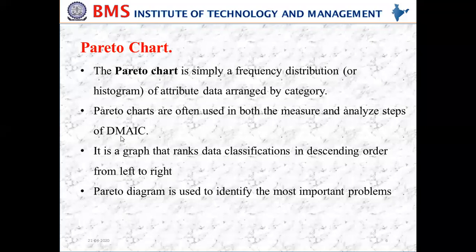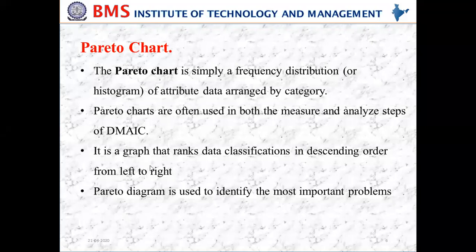To measure the current performance I need to have the data, and after getting the data it should be arranged category-wise. The Pareto chart does that kind of job. Then once you have the data in an arranged format, it is easy to analyze. So for these two steps, measure and analyze, Pareto charts are used. It is a graph that ranks the data classification in descending order from left to right.